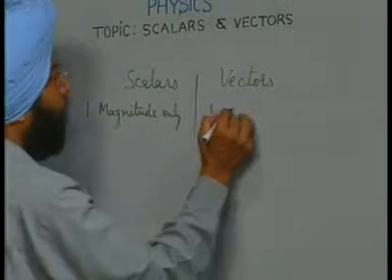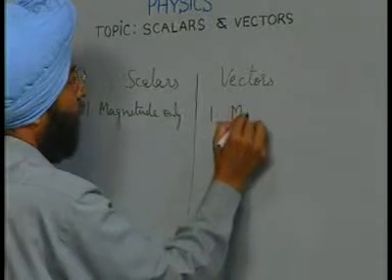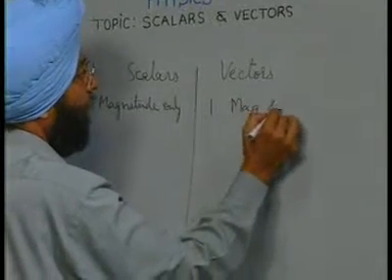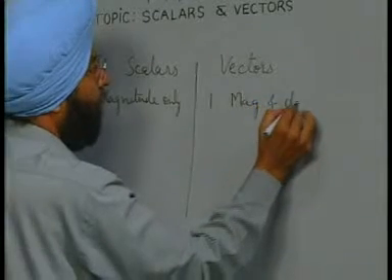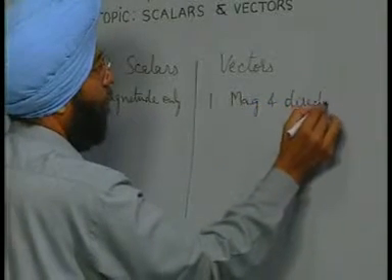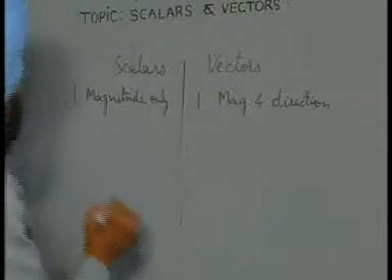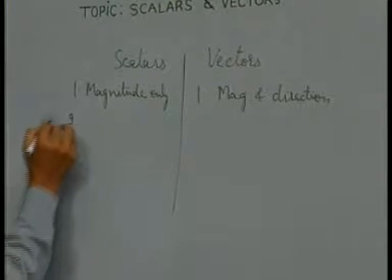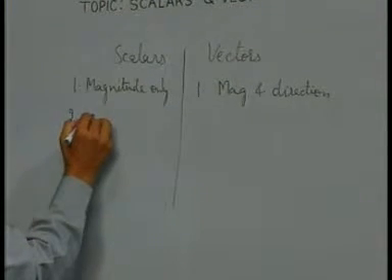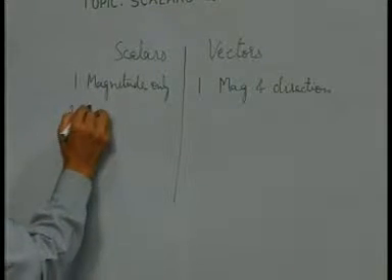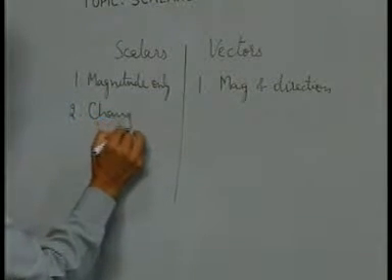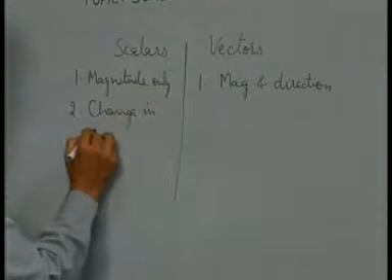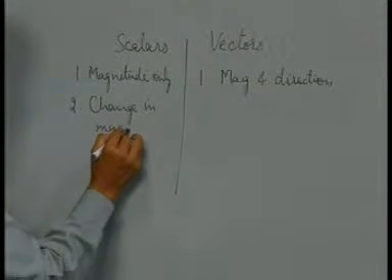Vectors have magnitude as well as direction. Scalars change in magnitude only.